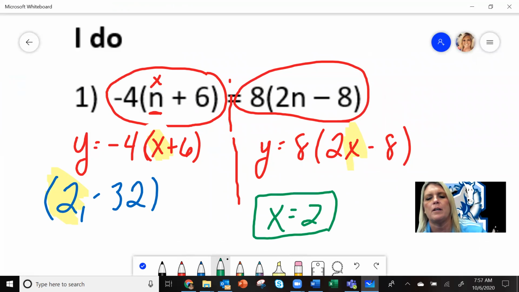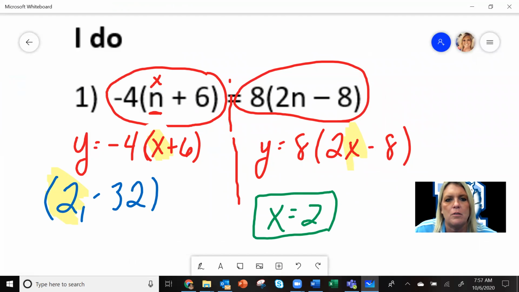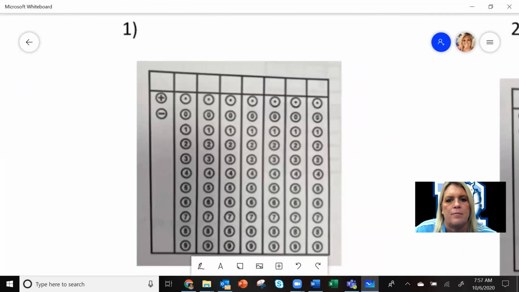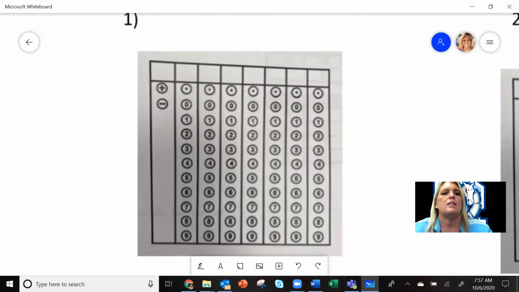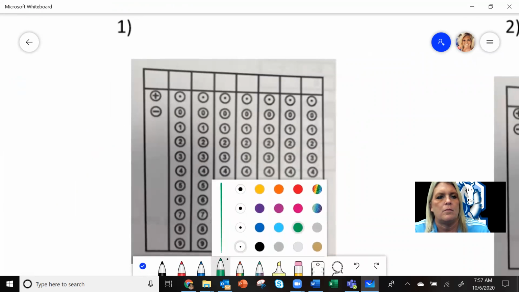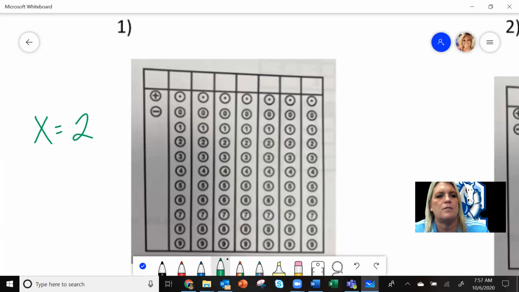All right, well, what am I going to do with that now? We have to go and bubble that in. So let me go down here. There it is. The answer we found was x equals +2.